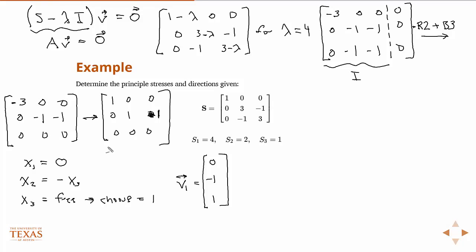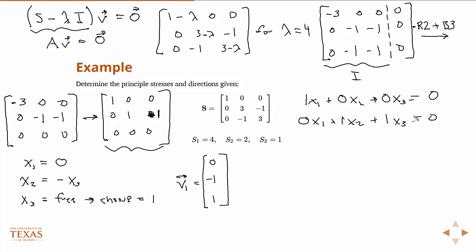Okay, let's look at this matrix. I probably skipped a step, but let's take a look. If I write this out, remember this is AV equals 0. This is A. So let's write out the equations: 1x1 plus 0x2 plus 0x3 equals 0. Then 0x1 plus 1x2 plus 1x3 equals 0.